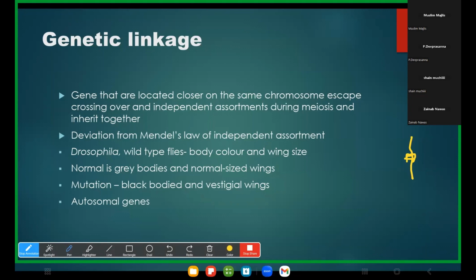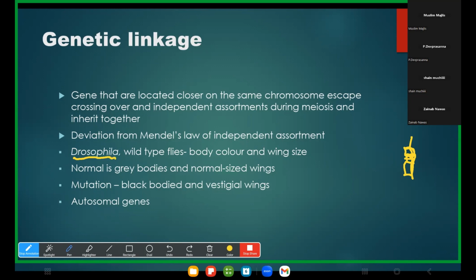So again, during Mendel's law, we would have studied that for Mendel's law to be valid, we need two rules specifically, that the genes should either be very far apart on the same chromosome, or they should be located on two different chromosomes. So what happens if they are closely related on the same chromosome? They might escape being crossed over. So this type of deviation from Mendel's law of independent assortment was first observed in Drosophila.